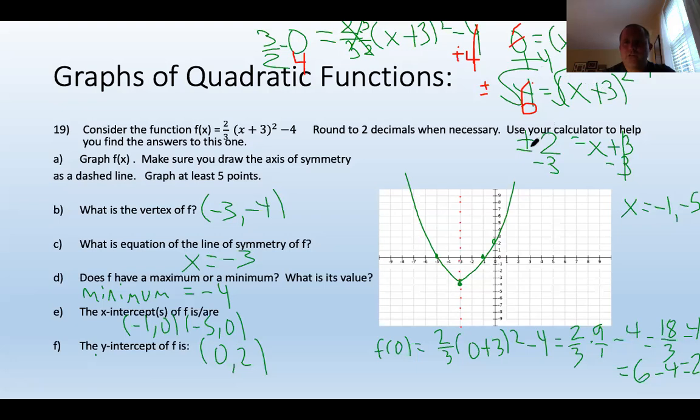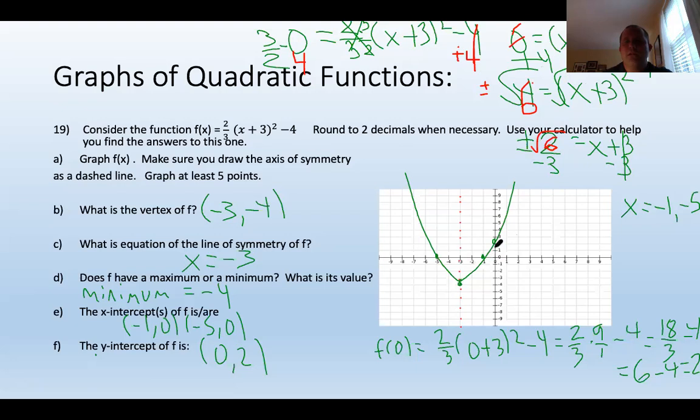So this should actually be plus or minus the square root of 6. And then you subtract 3 from each side. So you get really just square root of 6 minus 3 and negative square root of 6 minus 3 as your two x-intercepts.